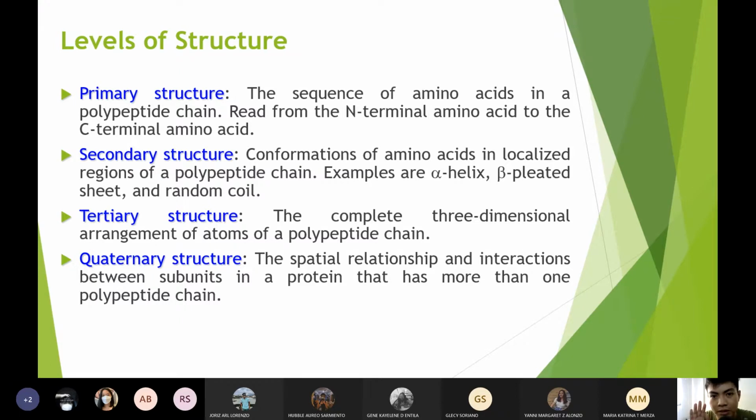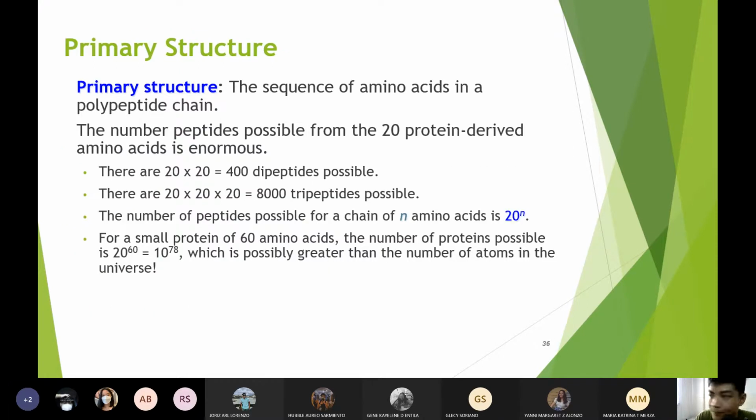Secondary, medyo mag-zoom out ka. Makita mo, they form alpha helix, beta sheets. And then pag tertiary, mag-zoom out ka uli, you look at the protein as a whole, its monomeric structure, and then the quaternary is the combination of all those proteins. So yun yung quaternary structure natin.